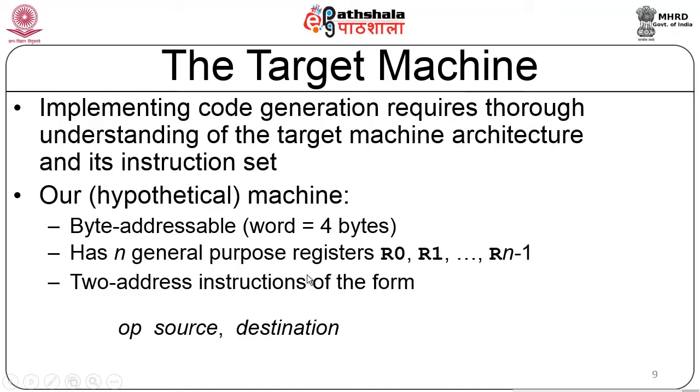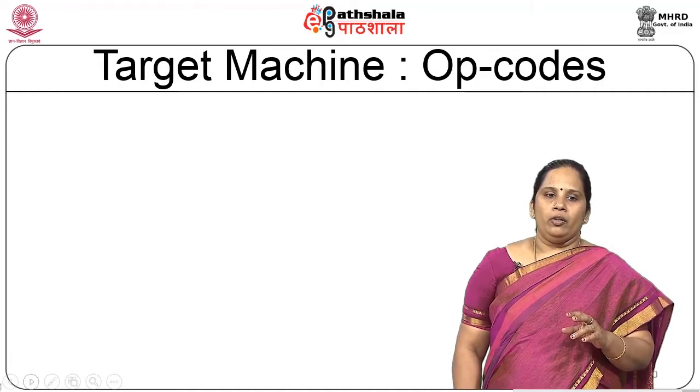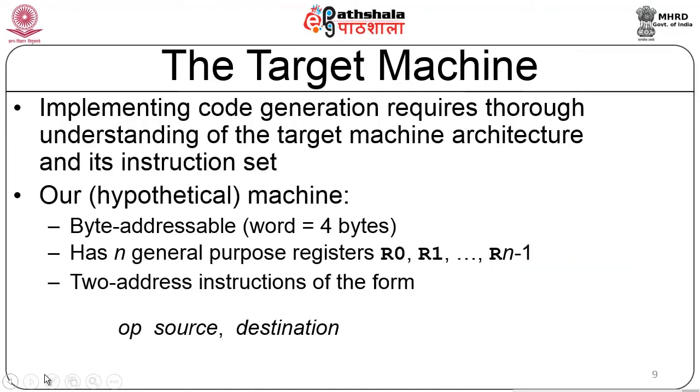It has n general purpose registers like R0, R1, etc. up to Rn minus 1, and the instructions are of two-address form, where you will have the opcode followed by source followed by destination. It will have an opcode, source information, and then finally destination information. So this is what we are going to consider in this particular chapter for generating code.